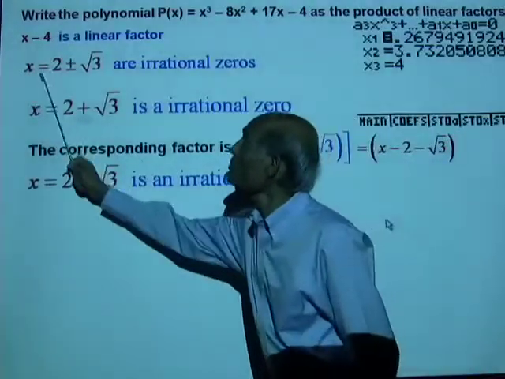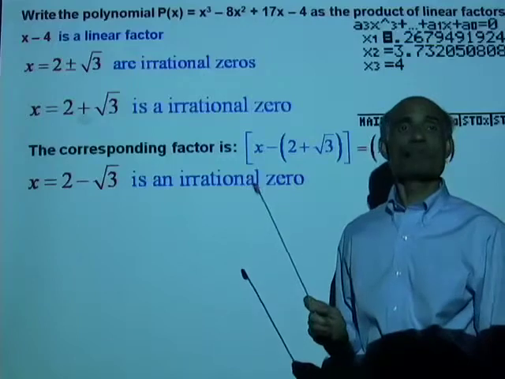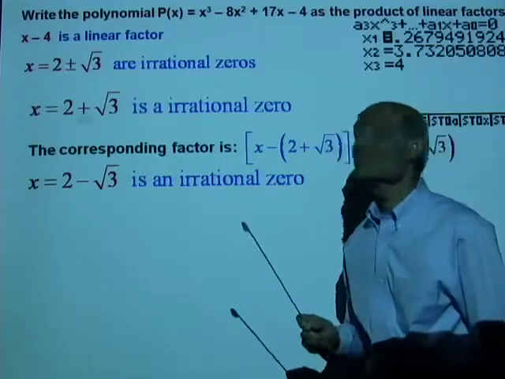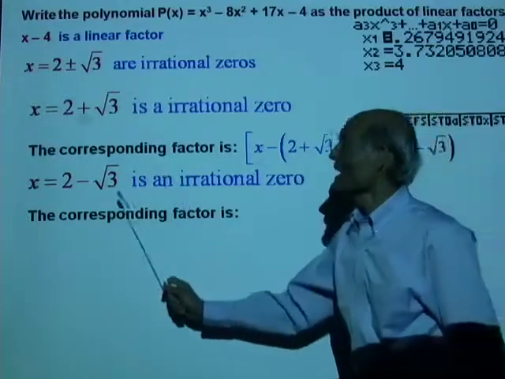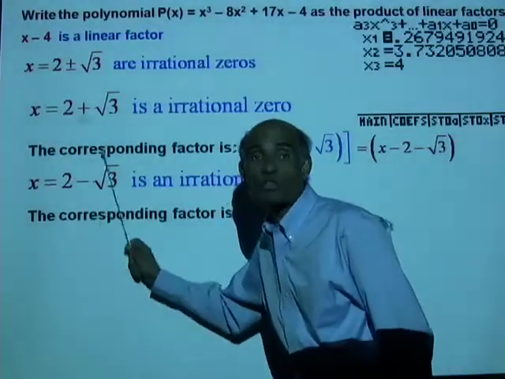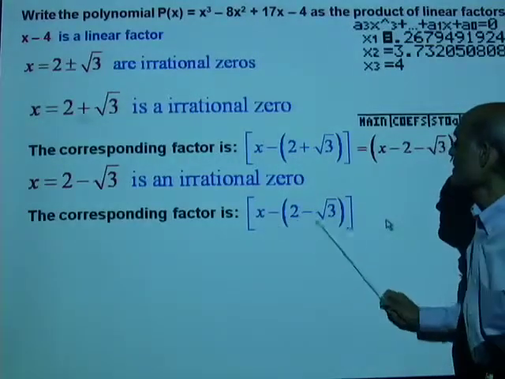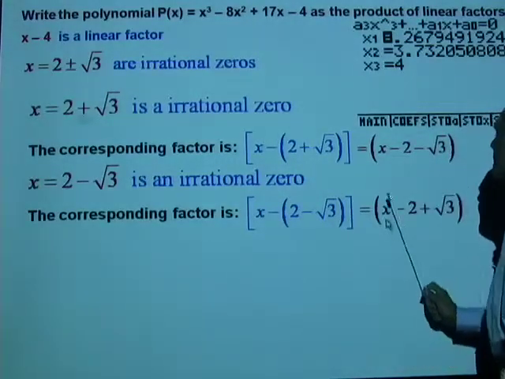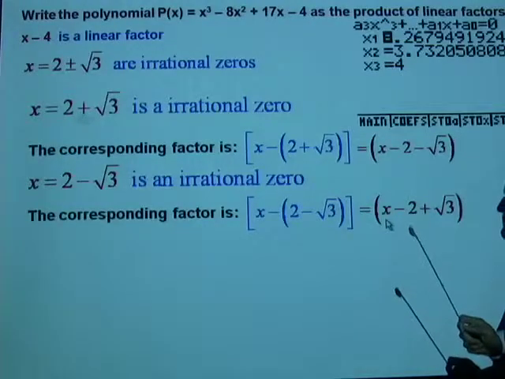Similarly, x equal to 2 minus square root 3 is an irrational zero. What is the corresponding factor of the polynomial? It will be x minus the quantity 2 minus square root 3, and distributing that negative sign, it will be x minus 2 plus square root 3.